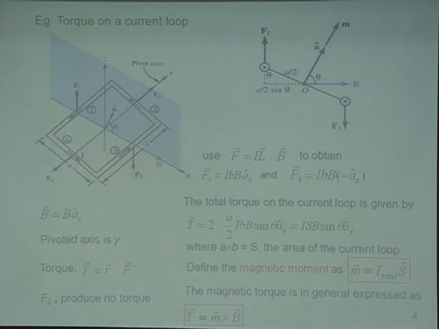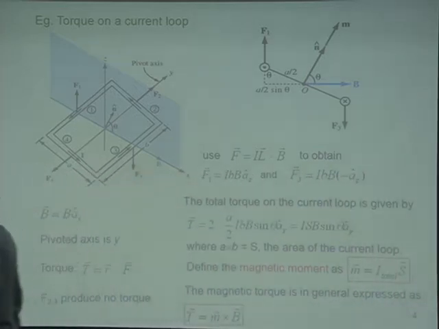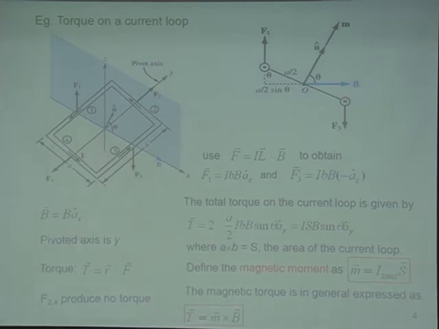It can be circular, it can be rectangular, or it could be just random with an arbitrary shape. Okay, 所以呢，这个式子相当的重要，而且是 universally true for a current loop in a magnetic field.